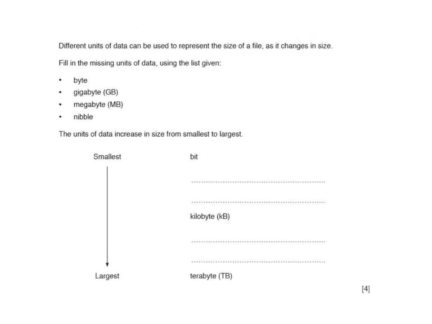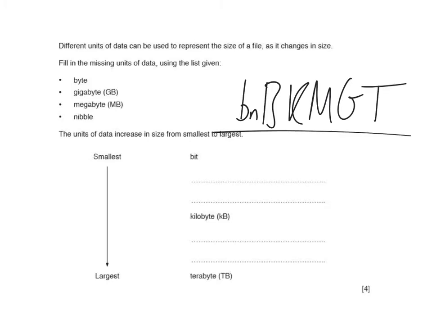Let's see, different units of data, fill in the ones that are missing. So I remember my phrase, big naughty boys kicked my granny twice. Now if you're watching this after the course has changed, it's still correct. Either it's kilobyte or kibibytes, which is very similar except gigabytes is 1000, but for kibibytes, what we really use is 1024.